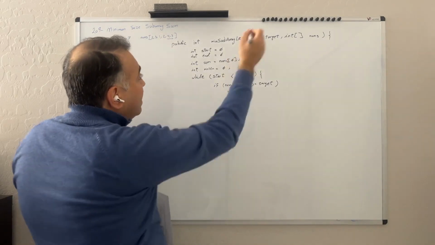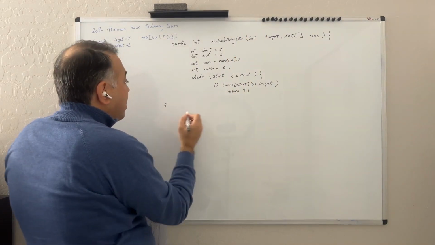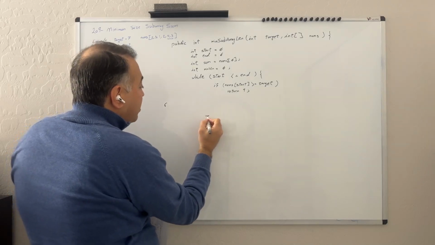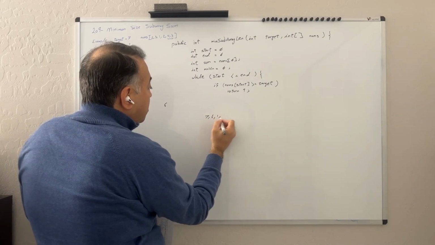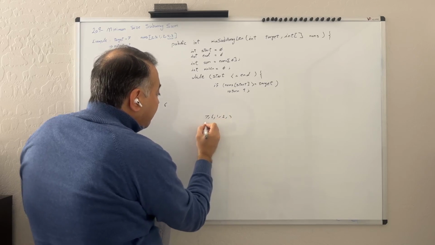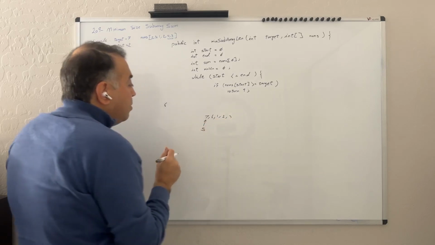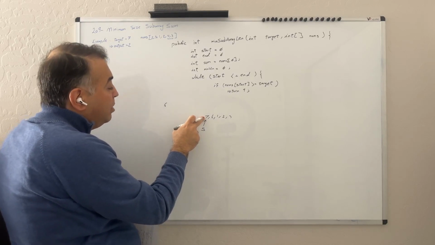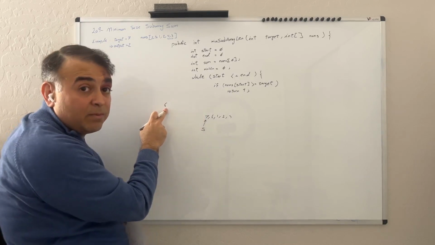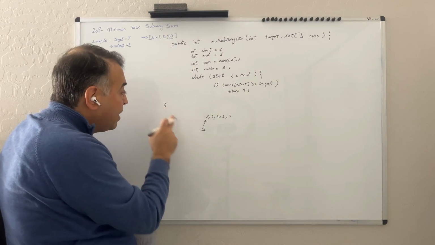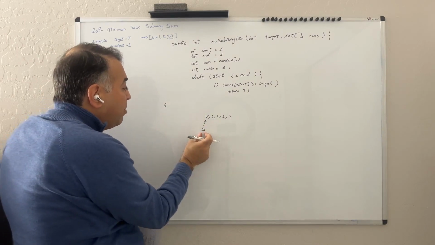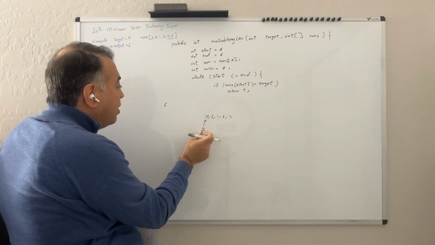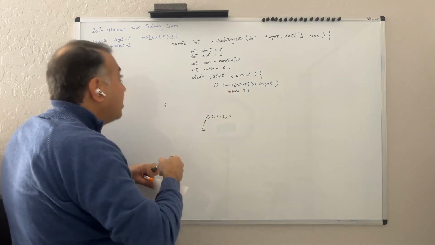For example, think that the target is 6 and the array that we are processing is something like this, and the start pointer points to the 7. 7 is equal to or greater than the target, which was 6. So we know that the minimum array will be of size 1, and we can immediately return 1.